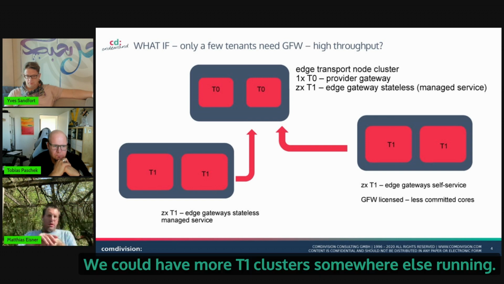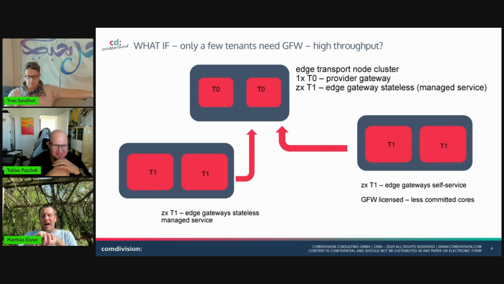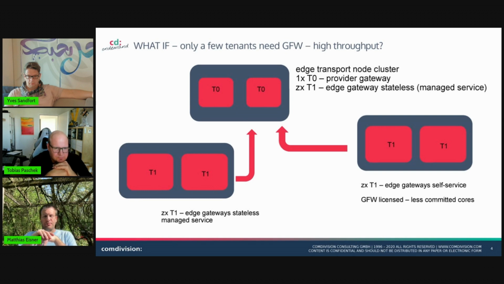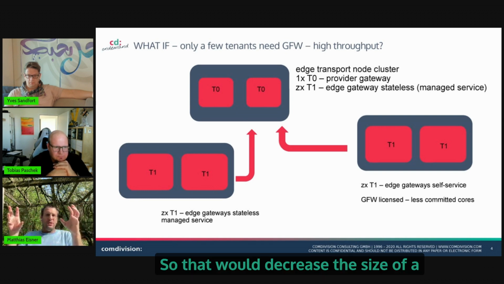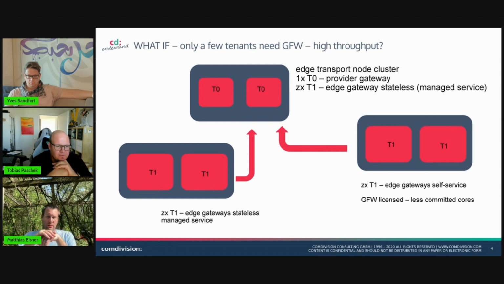We could have more T1 clusters somewhere else running, and I currently see I fat fingered a few boxes. So you can have multiple edge clusters for T1s as well. So that would decrease the size of a single edge transport node if needed. Yeah.